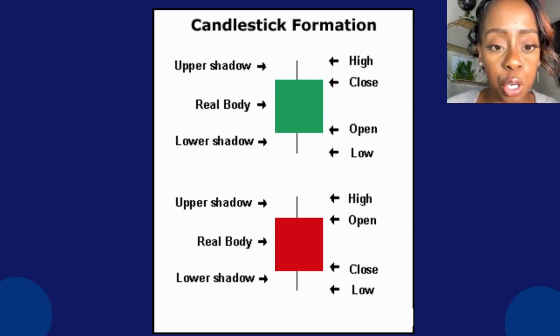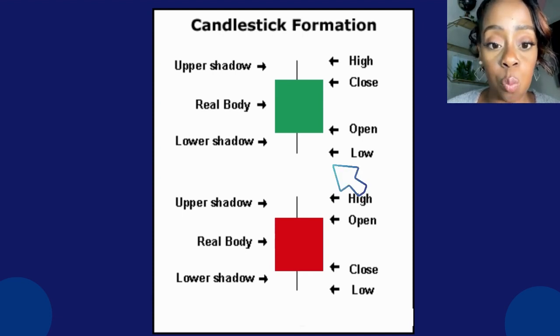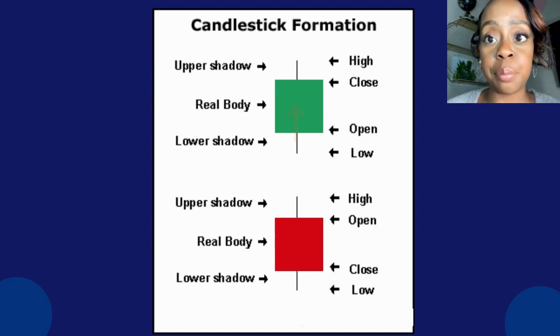Let me take that back. If it is a buy, then your candlestick is going to open at the bottom and push up. And it'll be green, because we'll have those color coded. You can make it any color you want to, but we're going to make it green to keep it simple.